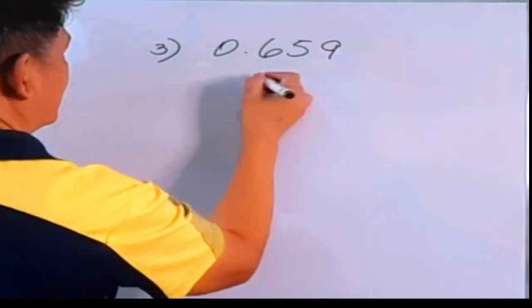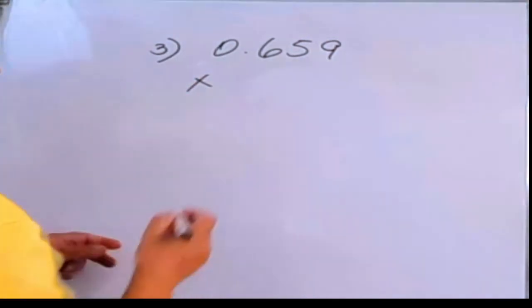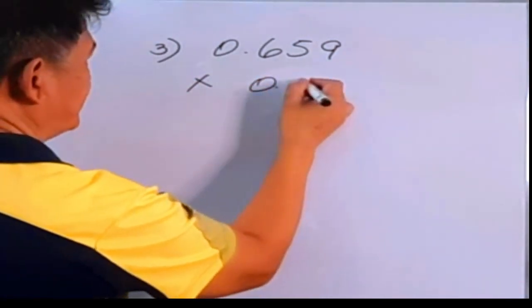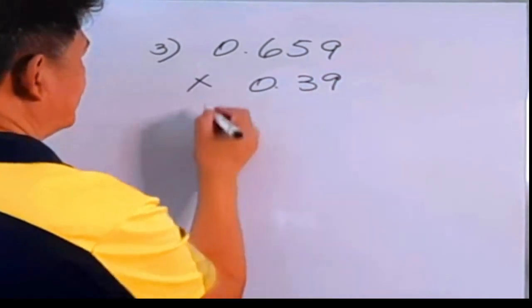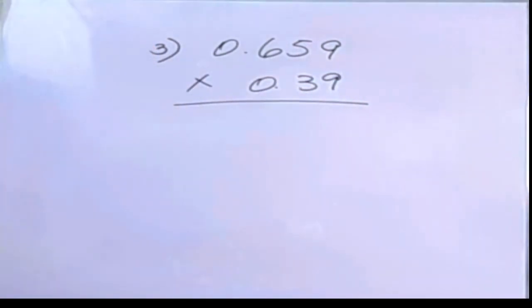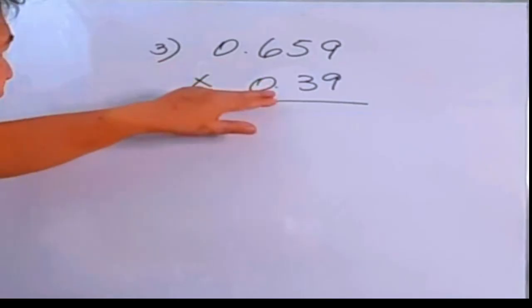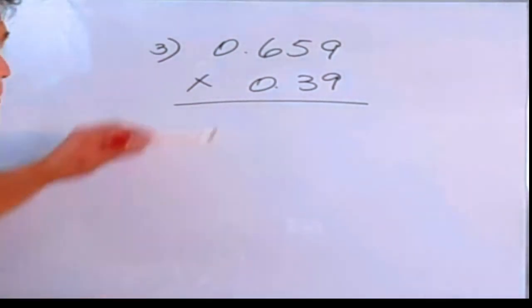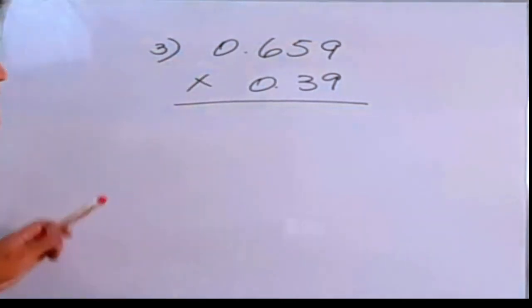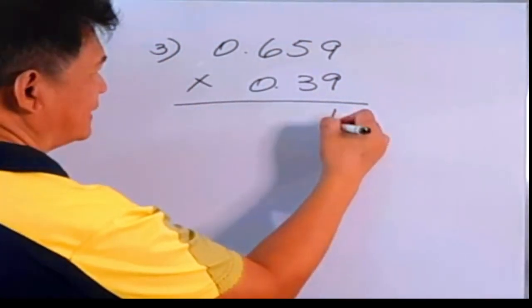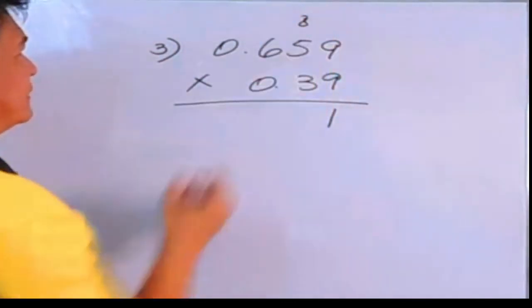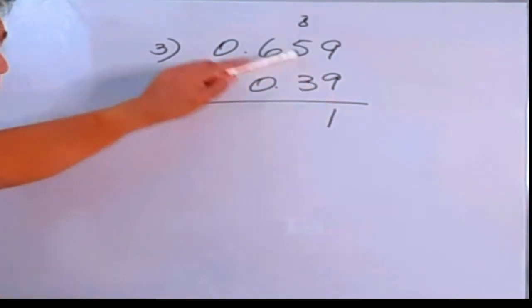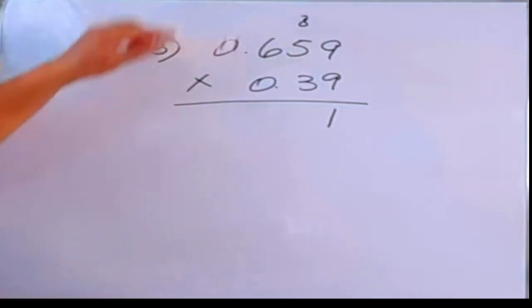Let's multiply 0.659 times 0.39. So again, disregard our decimal points. We first multiply 9 times 9 is 81, carry 8. 9 times 5 is 45.